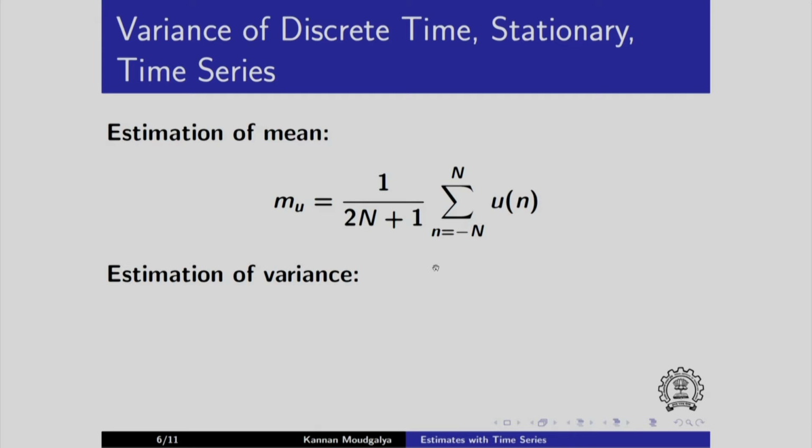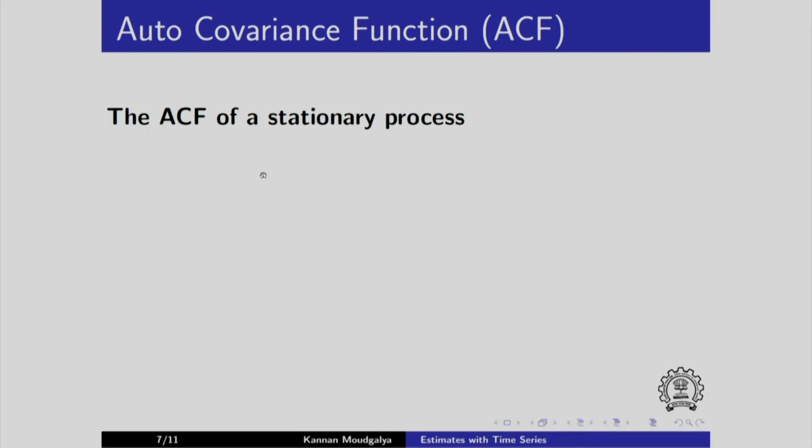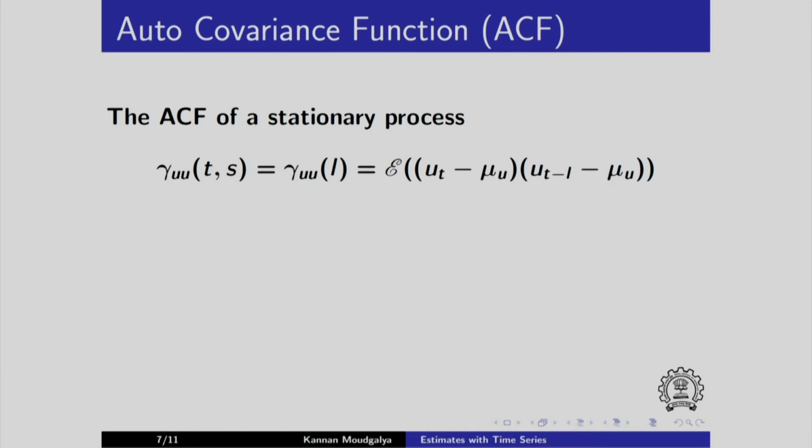Next is the estimate of variance. Once again the definition is the same. Remember to include the estimate of the mean here in the place of mu, and it is given as sigma sub u hat squared. Let us now take up the autocovariance function of a stationary process.